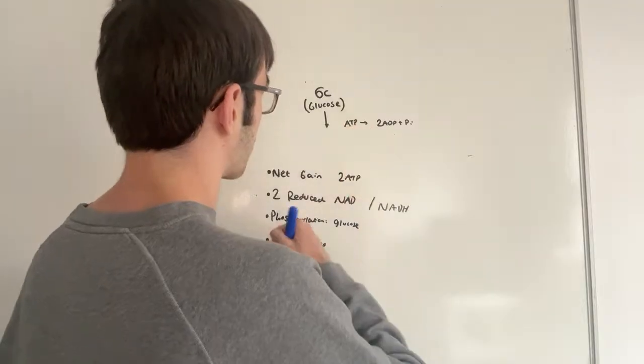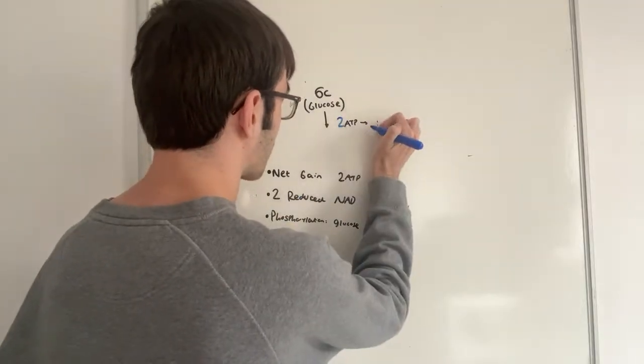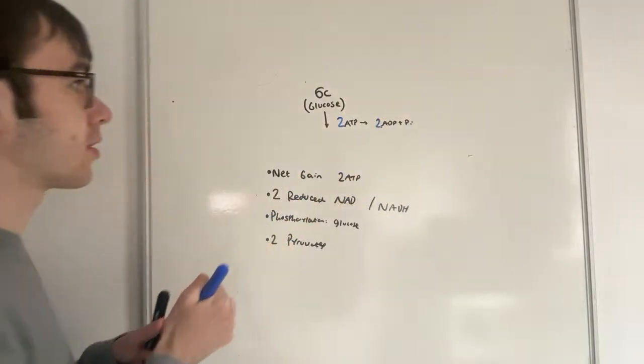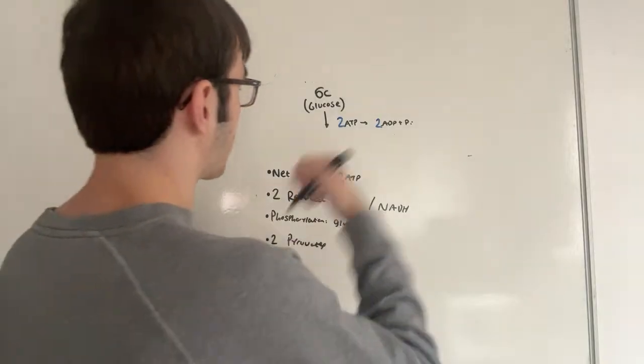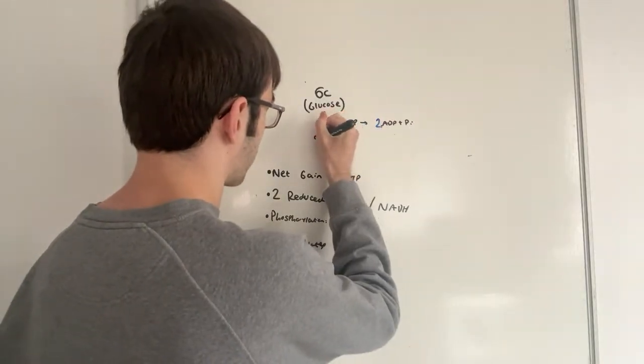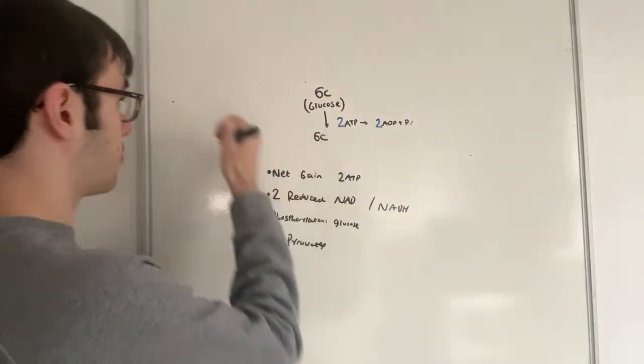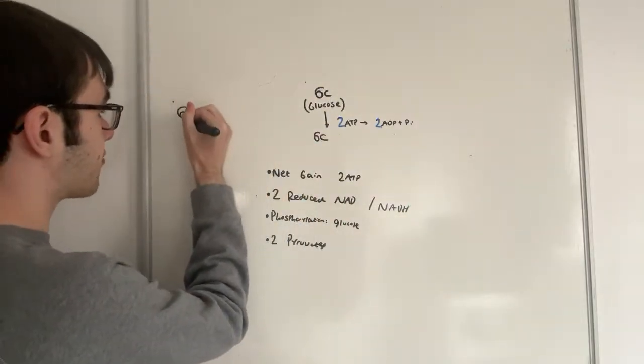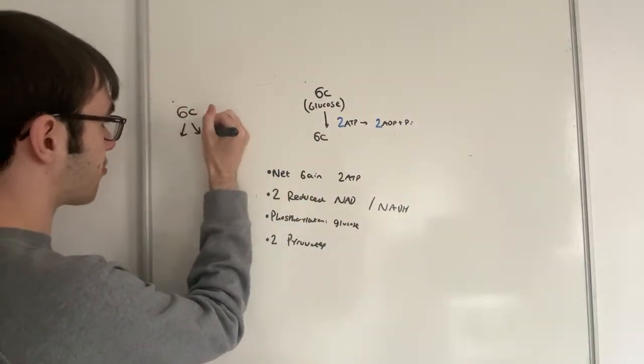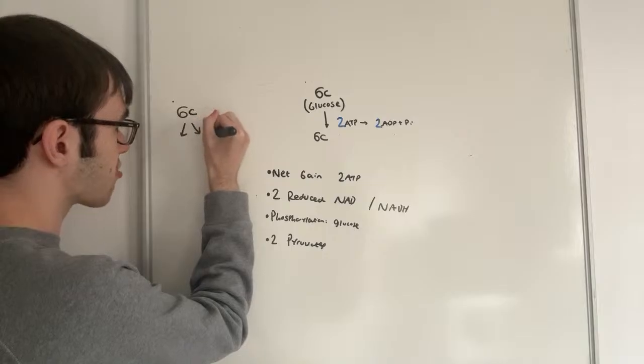So, 6-carbon compound glucose becomes phosphorylated glucose, which then causes it, I guess we'll just do it over here, which then causes it to split into, is it triose phosphate?